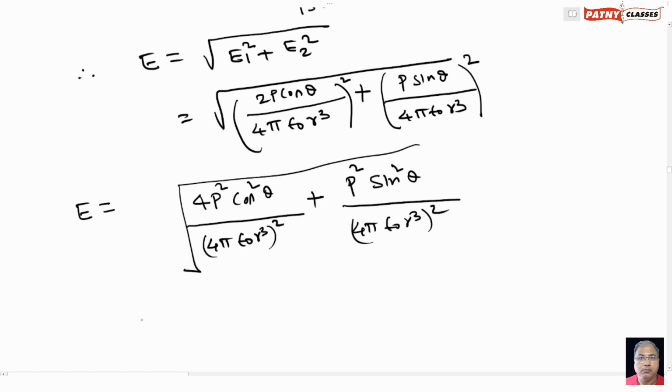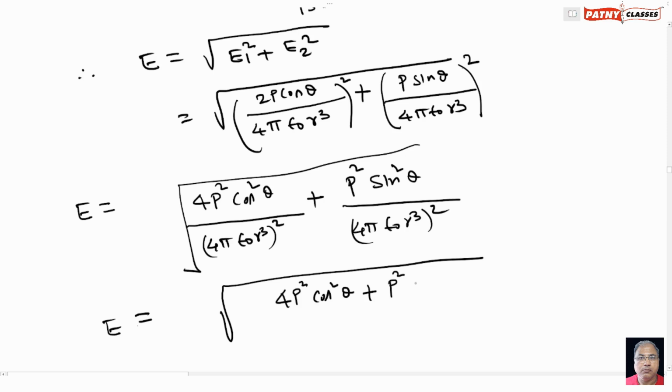So this equals 4P square cos square theta plus P square sin square theta, since both denominators are equal, divided by (4 pi epsilon r cube) whole square.